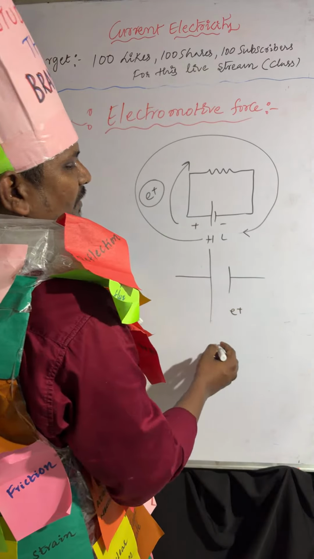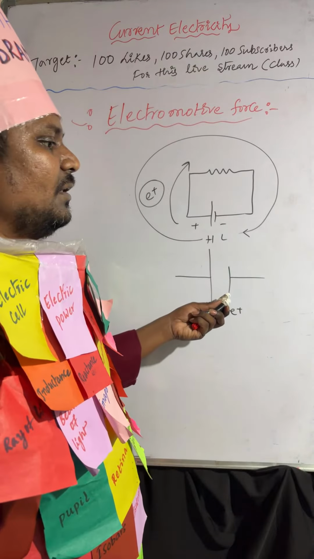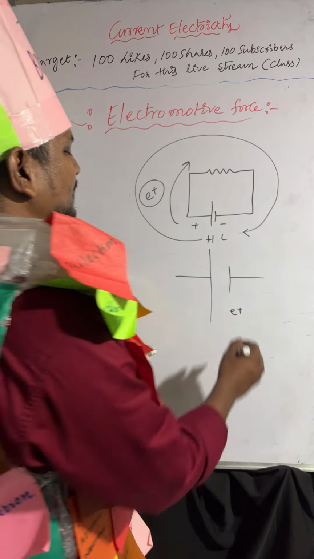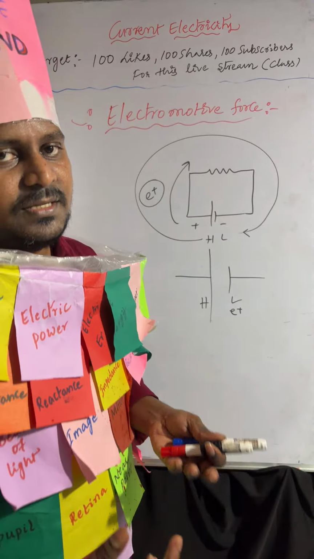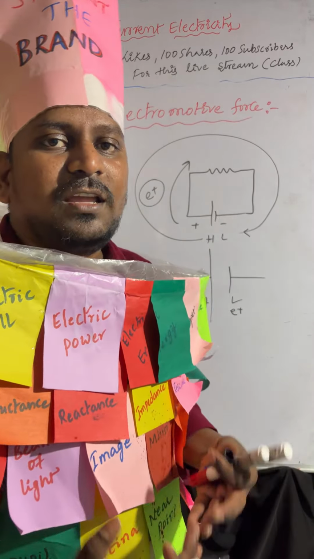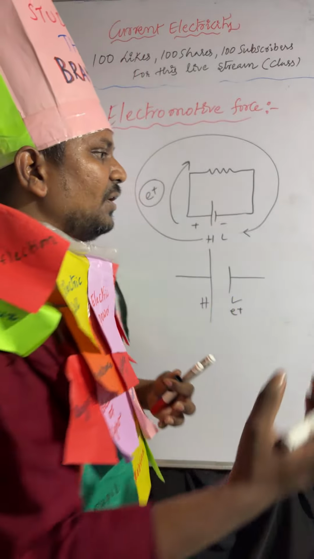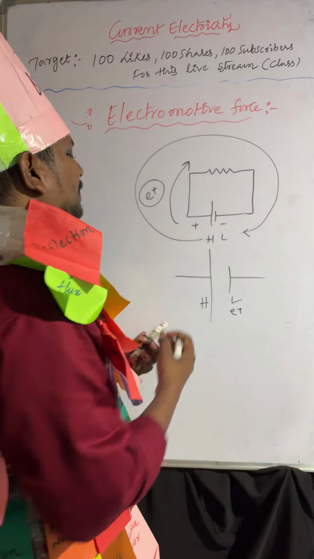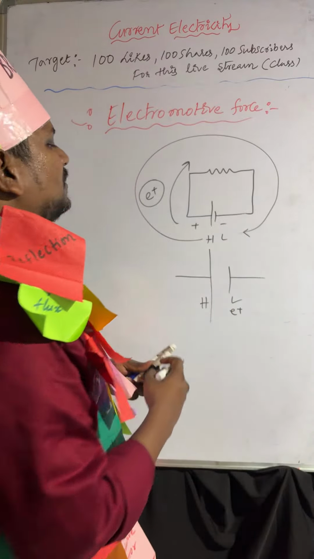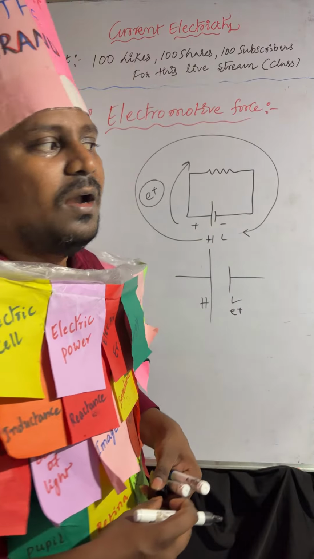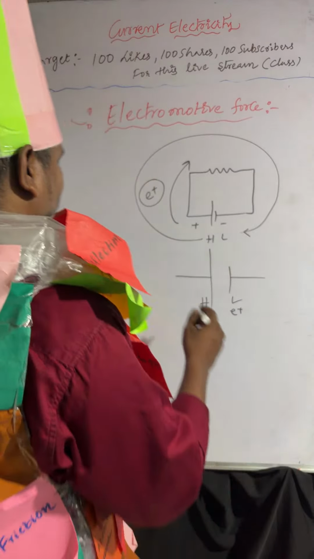The work done to bring unit positive charge from low potential to high potential, or from the negative terminal to the positive terminal of the cell, is called electromotive force.